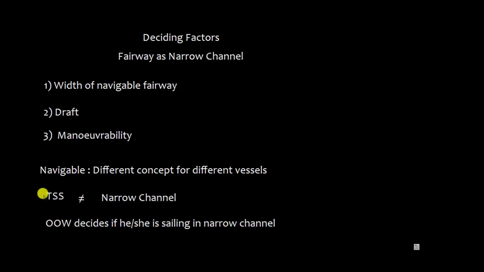You should also note that there is a separate rule for TSS, that is traffic separation scheme, and that rule is different than the rule given for the narrow channel. The rule for TSS shall be studied later on. Now, it is the OOW who decides whether he or she is sailing in a narrow channel.